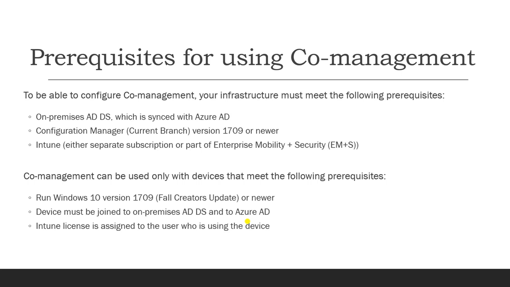If you want to manage any device as co-managed, it should be joined to your Azure Active Directory and your on-premises Active Directory. And the Intune license is assigned to the user who is using the device. So these are the prerequisites you have to follow when you are enrolling any device.